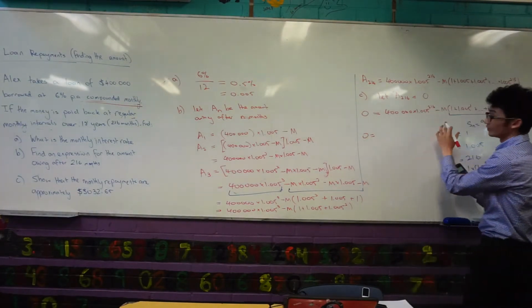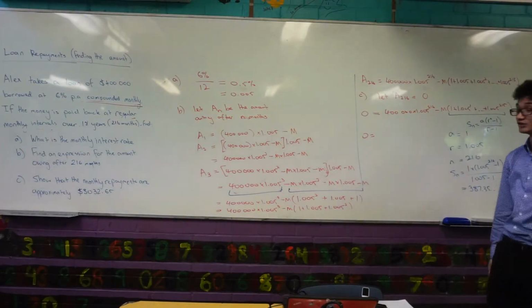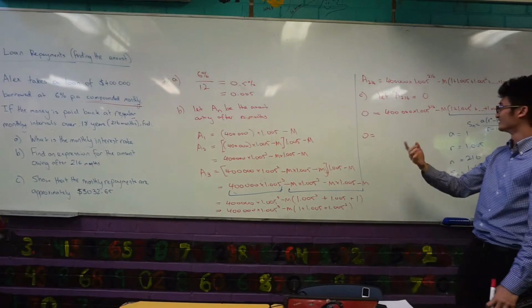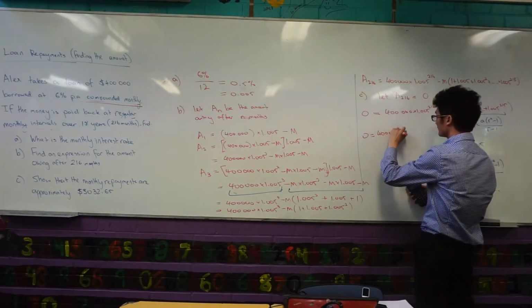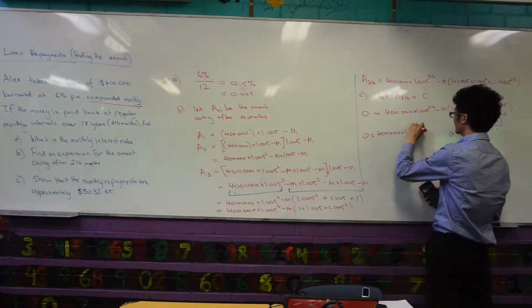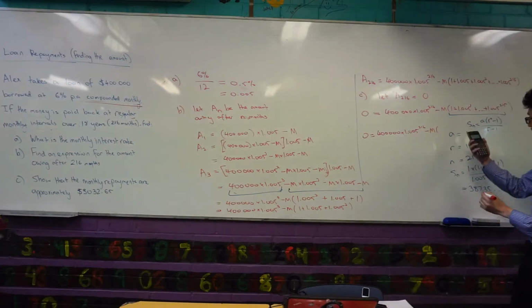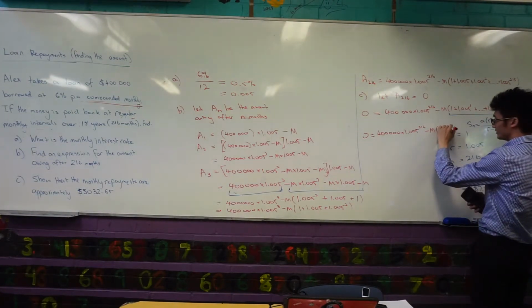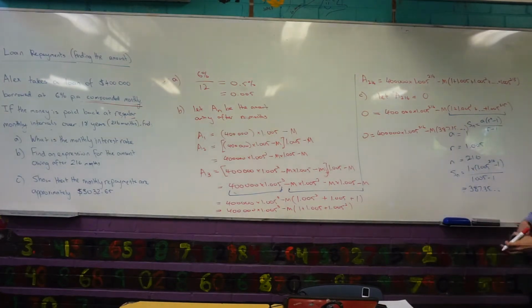And let's keep going. Because remember, what's the goal? The goal is to show that the monthly repayment is approximately $3,032.65. So I'm trying to find the value of m. All I need to do is really just rearrange my equation now. I know that this series will evaluate to about 387.35 with a lot of decimals, but I want to get m by itself.